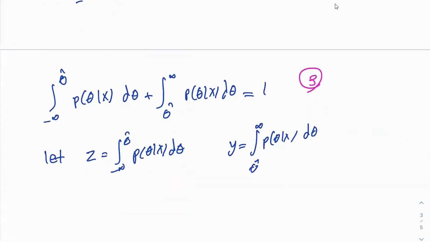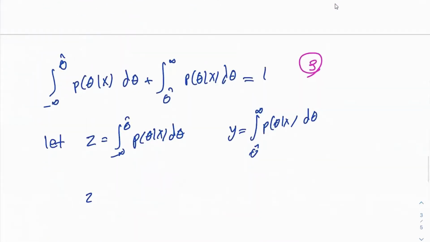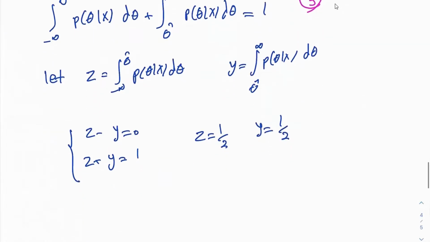So based on equations 2 and 3, we have z minus y is equal to 0 and z plus y is equal to 1. Add them up, you get z is equal to 1/2, y is equal to 1/2.